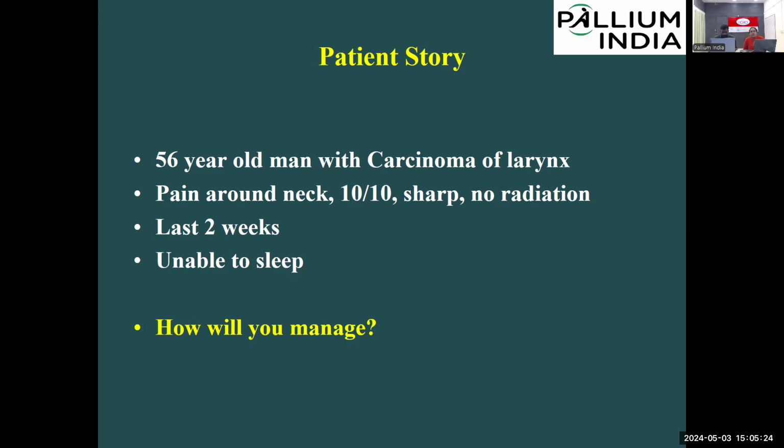So we understand that this pain is severe in intensity, the score is 10 on 10. That means that the patient needs medications of step 3 of the analgesic ladder.